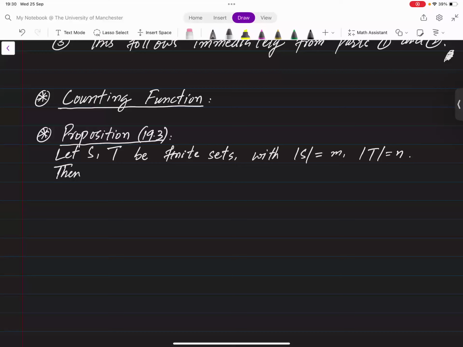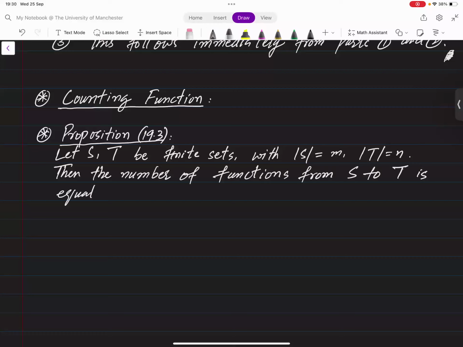Then the number of functions from S to T is equal to n power m.